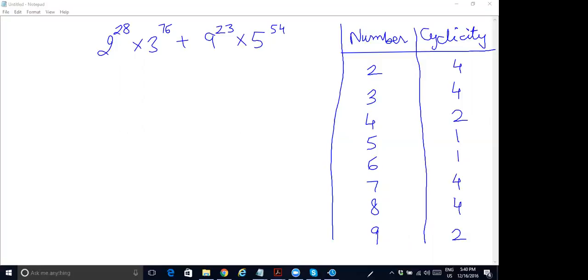Now what does that mean? You don't have to worry about the cyclicity anymore for numbers ending with 0, 1, 5 or 6.